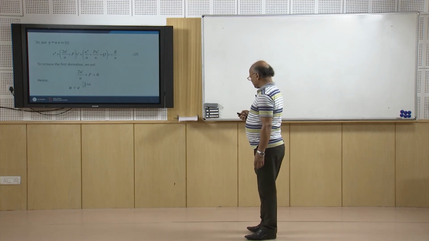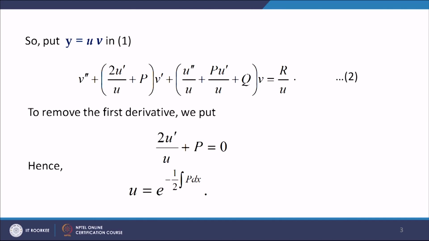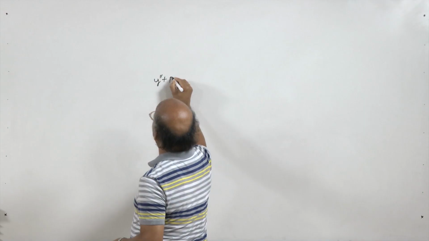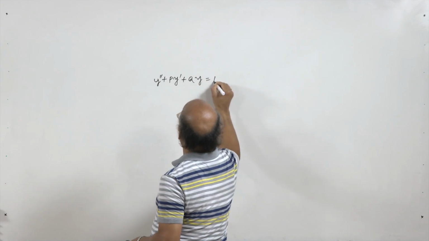Let us put y equal to uv in equation 1. So we have y double dash plus p y dash plus q y equal to r.